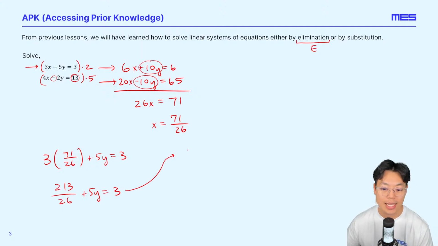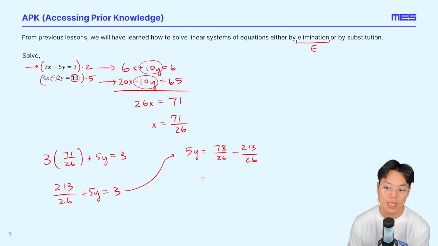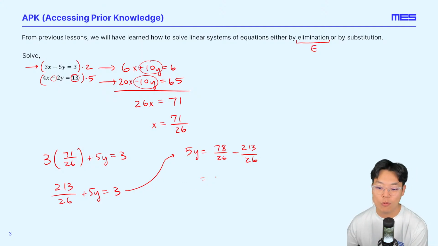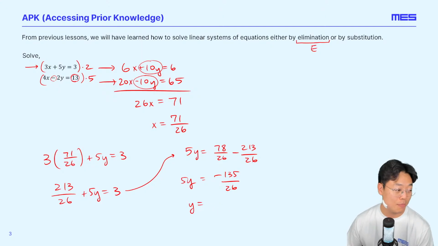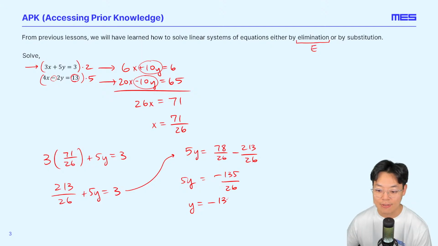So from here, I get 5y is equal to 78 over 26 minus the 213 over the 26. Now from here, I get negative 135 over 26. And we have a 5y. And when we multiply both sides by 1/5 or divide both sides by 5, I'll get negative 135 over 26 times 1/5. This 5 cancels into this 135.